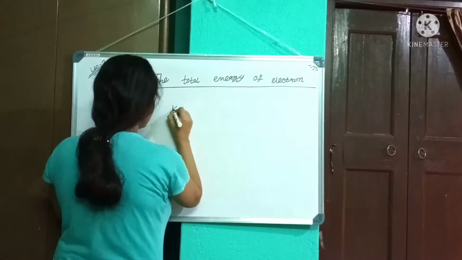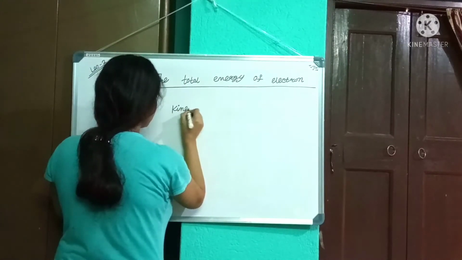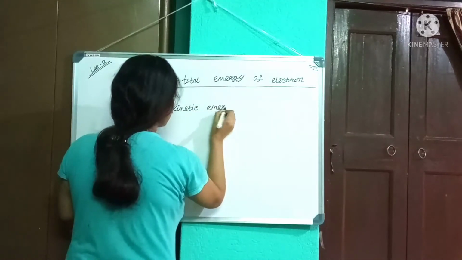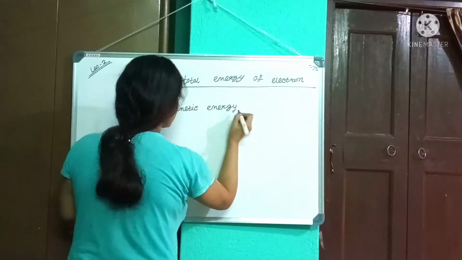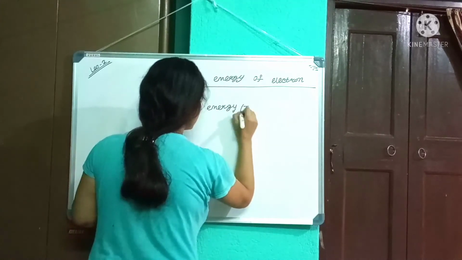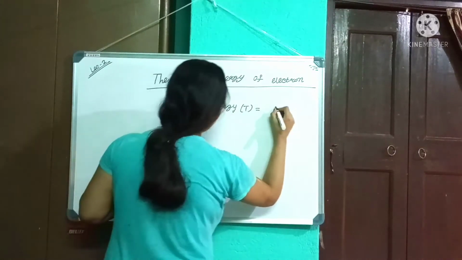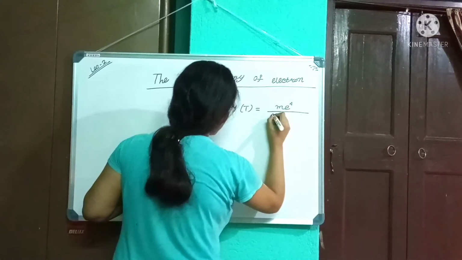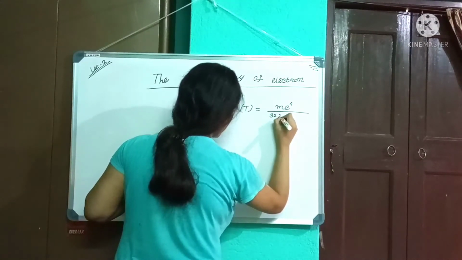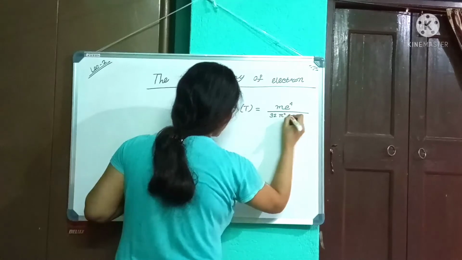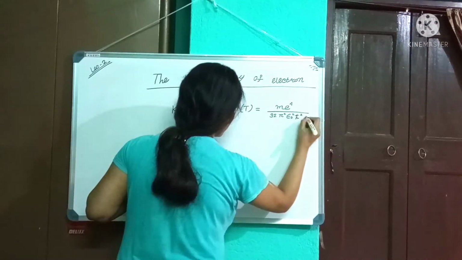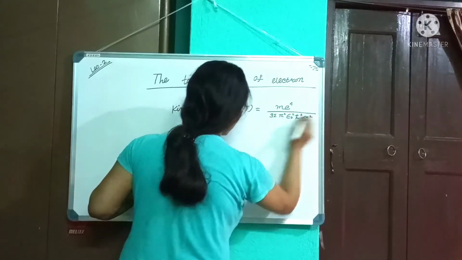Okay, now as we have calculated the kinetic energy of the electron, kinetic energy T equals m e to the power 4 by 32 pi square epsilon naught square into h cut square n square.